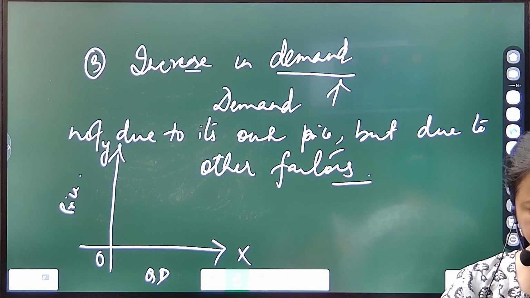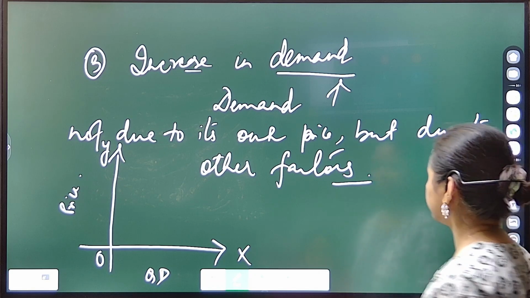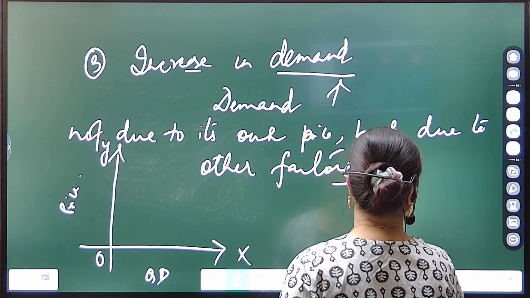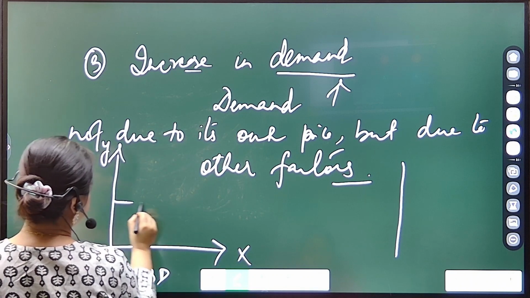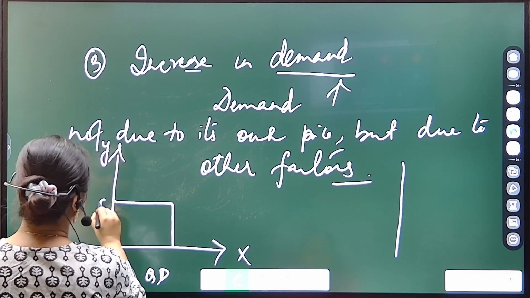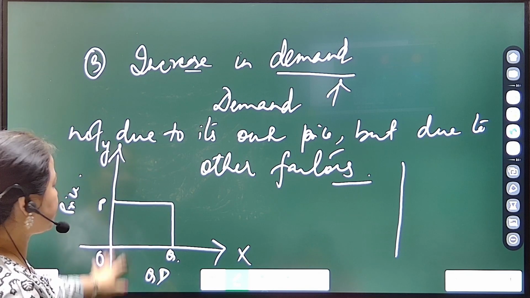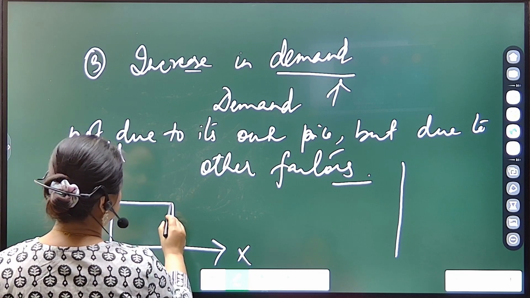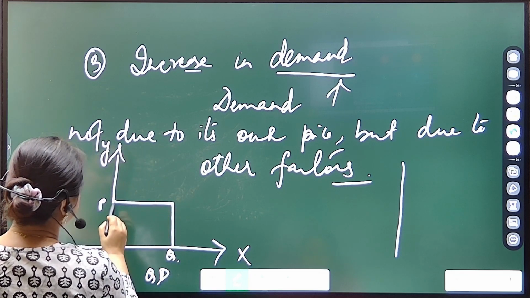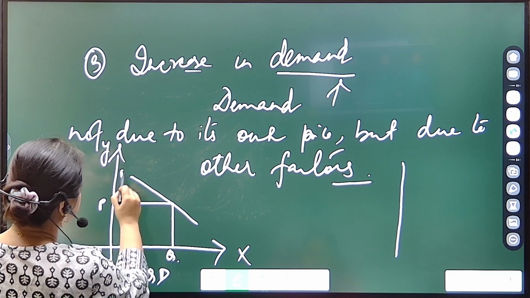Okay. So here you can see this is P and this is Q. Okay? So price is same here. Price is same, but here when price is P, this is the one demand curve.